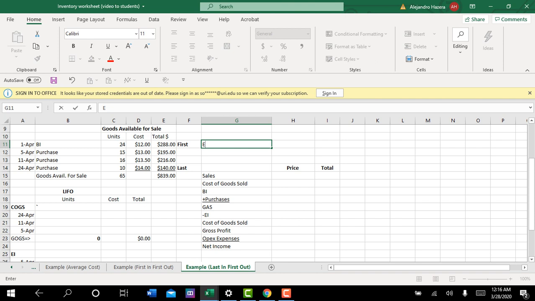I'm just going to put this in here, so we don't confuse things: the ending inventory comes from the first layers, last in, first out, and the cost of goods sold comes from the later layers.